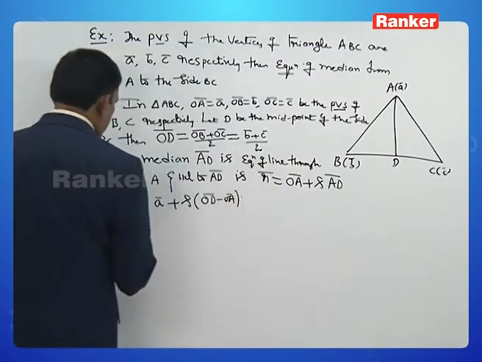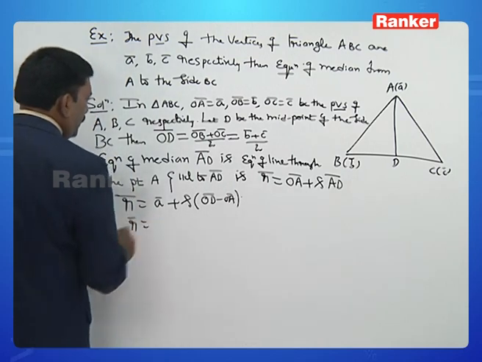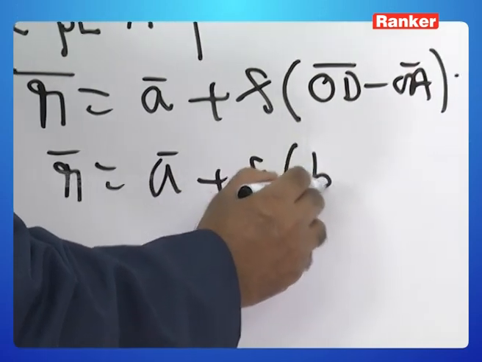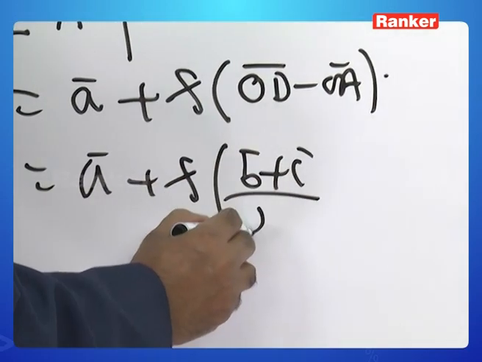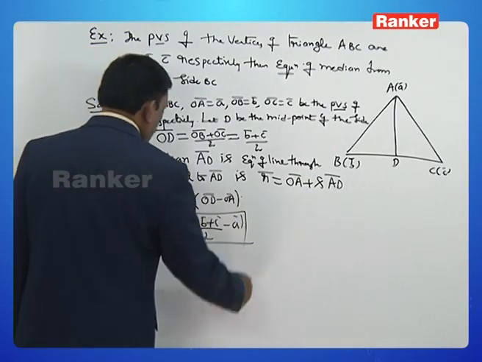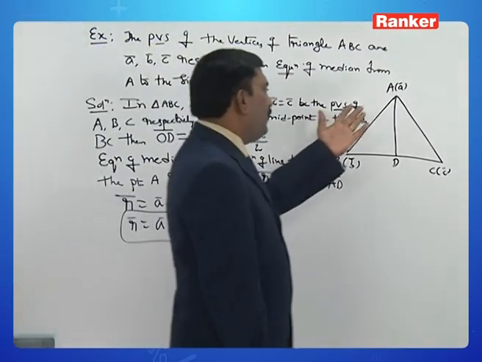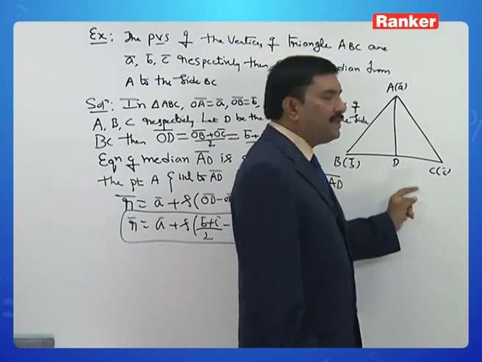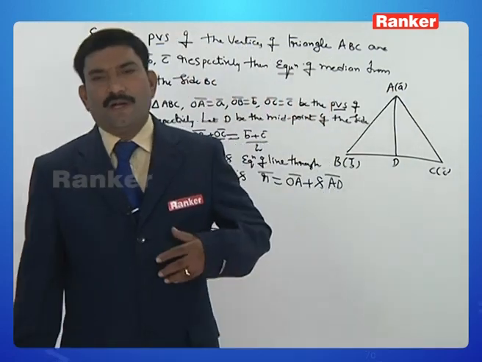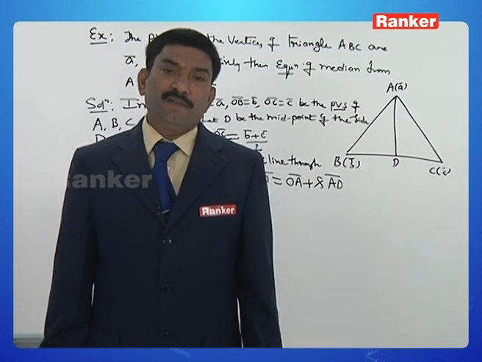I can write R bar is equal to A bar plus S into ((B bar plus C bar) by 2 minus A bar). You can also go by the vector equation of line joining these 2 points: R bar is equal to (1 minus S) into A bar plus S into OD bar.